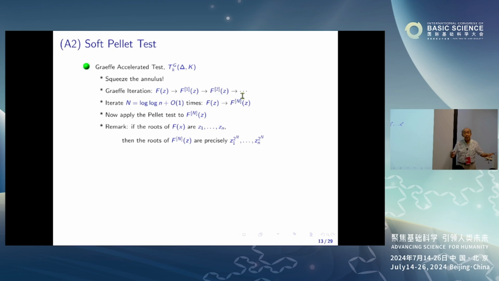So what does that mean? If you have a root that is not on the unit circle, but say inside the unit circle, it shrinks very fast towards 0. And those that are outside the circle will expand very fast away from 0, right? Very fast. And so we work with that polynomial.